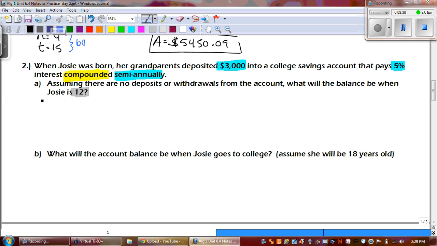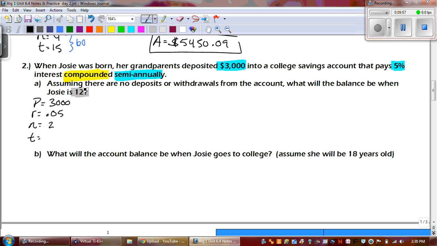Okay, so P, R, n, and time. Once again, we're starting with $3,000. Our rate is 0.05. Semi-annually means 2.